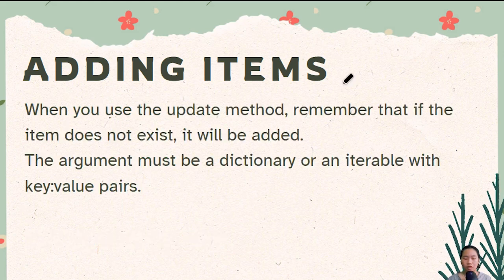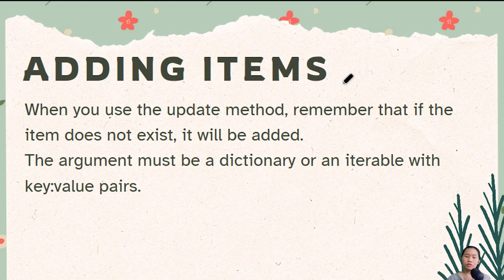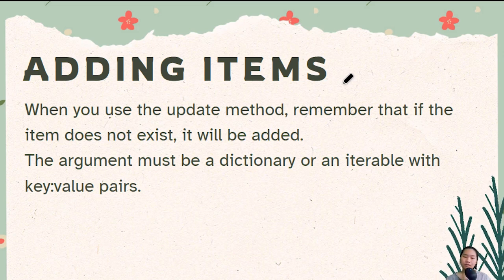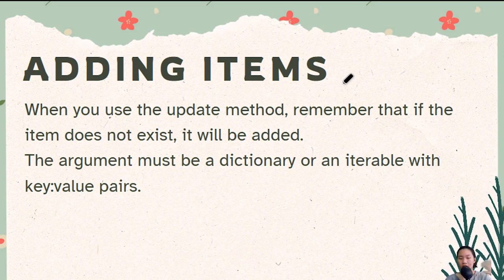All right. So before we move on to the next method of adding items to a dictionary, I want to mention that when you use the update method, which is what we're going to be focusing on, if the items do not exist, it will be added. Okay. But if it does exist, it will be changed.